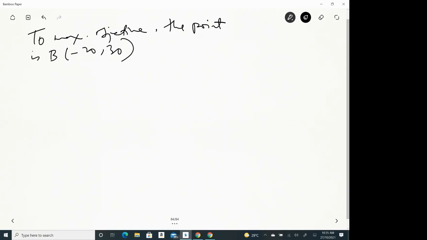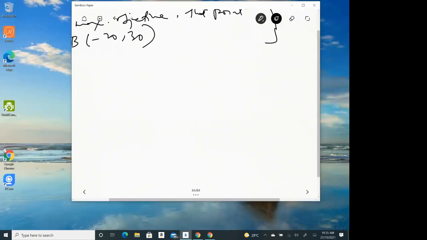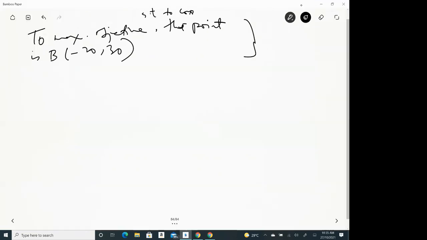Or better, you put it the other way around: the point B, negative 20, 30, maximizes the objective, subject to the constraint. Maybe the second version sounds better than the one that I wrote here, but it's okay. You write the second sentence. Or you can write to maximize the objective, subject to the constraint, but you don't have to, because we know the problem is subject to the constraints.